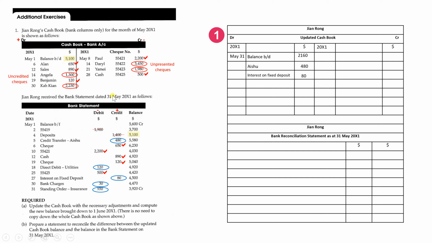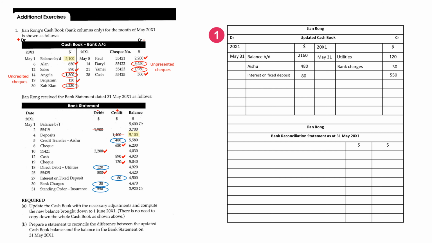Next we have to update the cash book with this column. Whatever is on the debit side of the bank statement has to be on the credit side of the cash book. So 120, 30, and 550. May 31, utilities 120, and then we have 30, and we have 550.